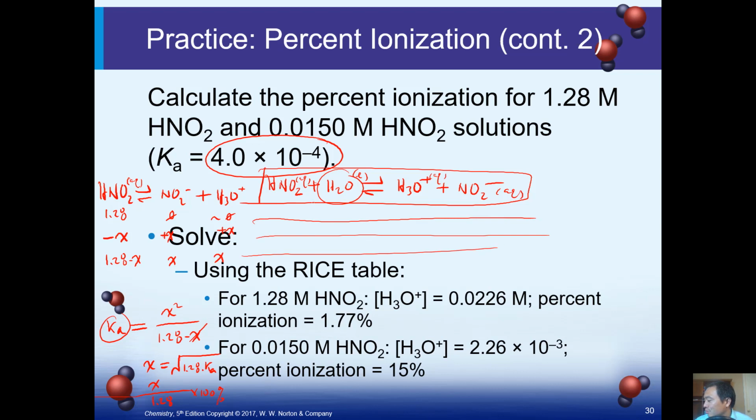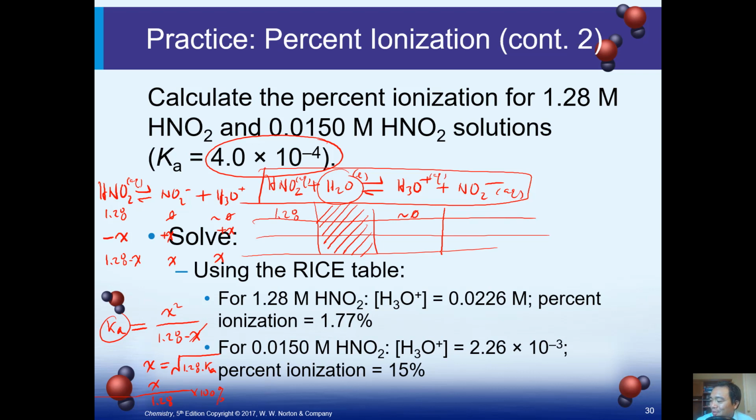But you do realize one thing though, water is pure liquid. You don't include it, so we cross it out. You build the same ice table, initial concentration, then this is about 0 for the hydronium ion. Why did I say about 0? Because you do see a small concentration coming from the water autoionization.